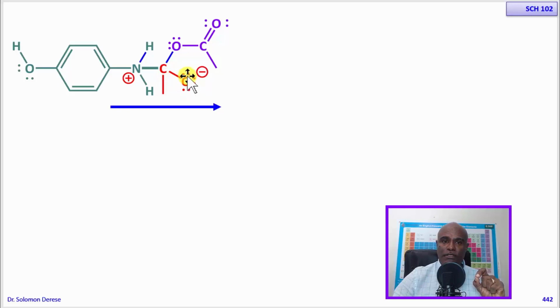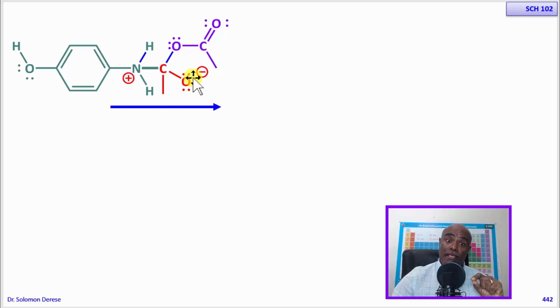So we'll use this lone pair of electrons and form a bond with this carbon. So when you form a bond with this carbon, if nothing happens, the octet of this carbon will be violated. If you form a bond with this carbon and leave it the way it is, because of this double bond, there will be 4 electrons in here, 5, 6, 7, 8, 9, 10.